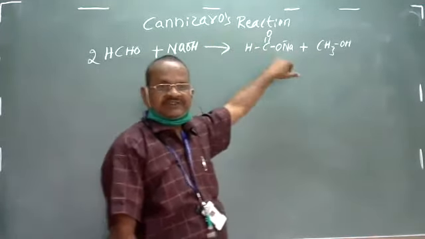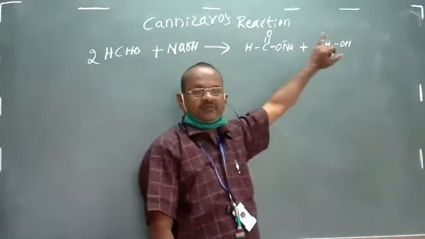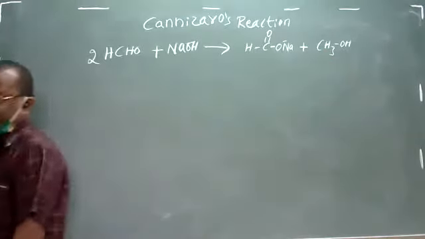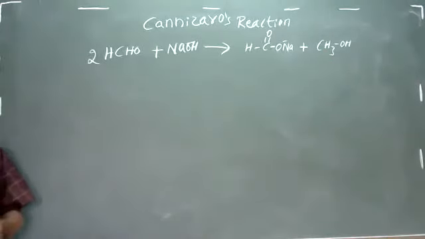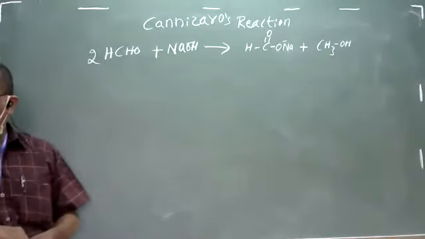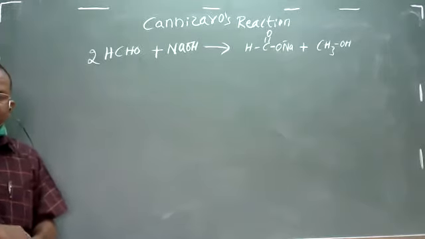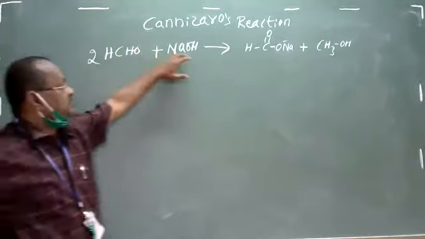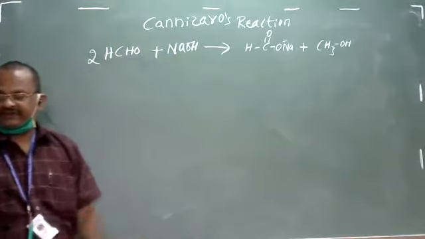One molecule is oxidized to carboxylic acid and another molecule is reduced to alcohol. So these 2 products are formed, wherein methanol and sodium carboxylate are formed from this reaction between 2 molecules of aldehyde in the presence of sodium hydroxide.